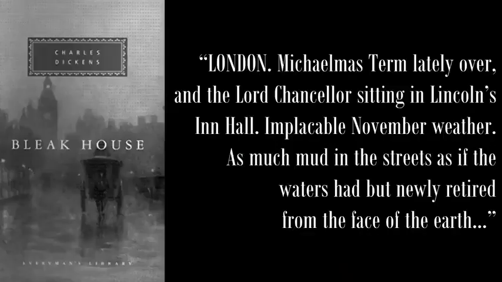"London, Michaelmas term lately over, and the Lord Chancellor sitting in Lincoln's Inn Hall. Implacable November weather. As much mud in the streets as if the waters had but newly retired from the face of the earth."